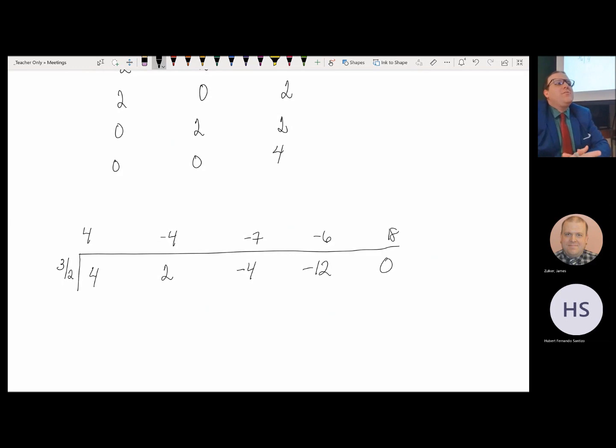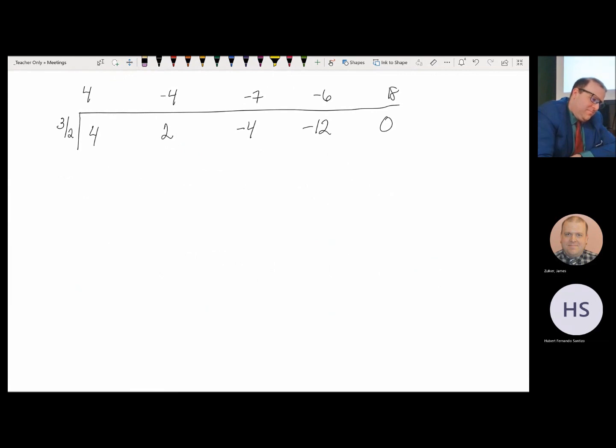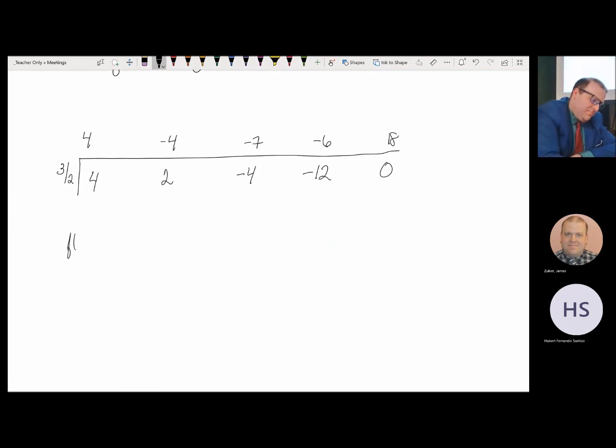Plus 18 is 0. So x minus 3/2 is going to be a factor. We're going to be left with 4x cubed plus 2x squared minus 4x minus 12.